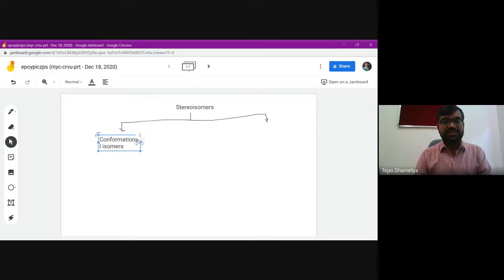These isomers are generally termed conformational isomers. The other is called configurational isomers.